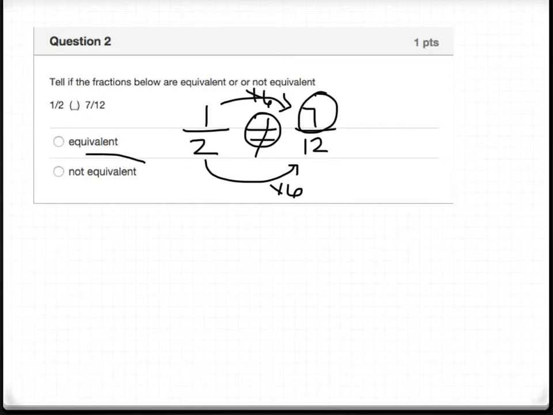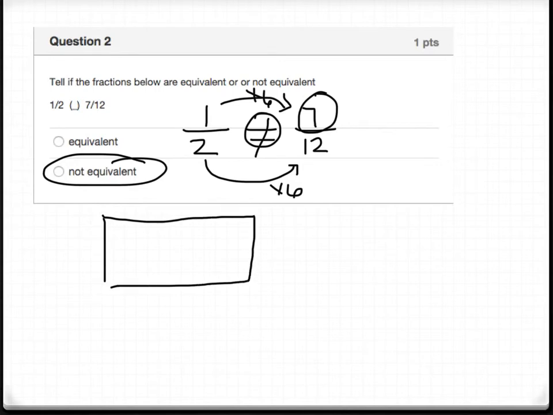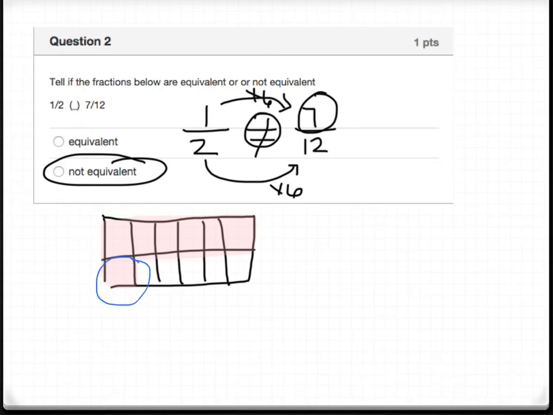These fractions are not equivalent. I can prove this again by drawing a picture. If I take a picture and cut it into 12ths, and then shade 7 of them, I can see that I clearly have more than half.